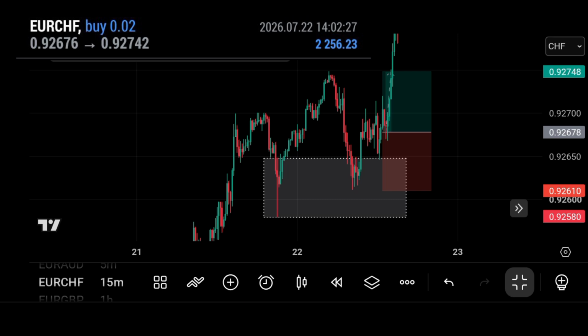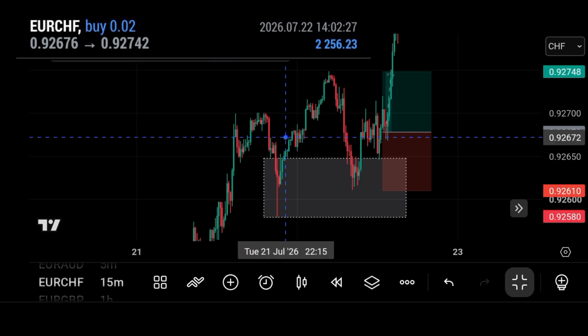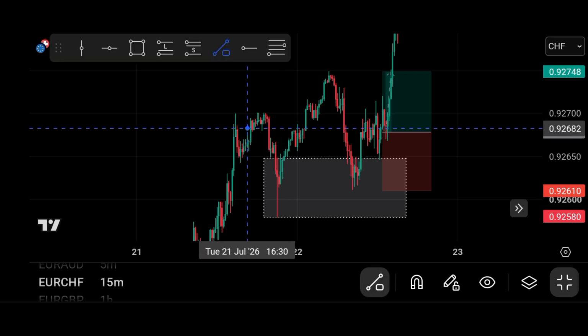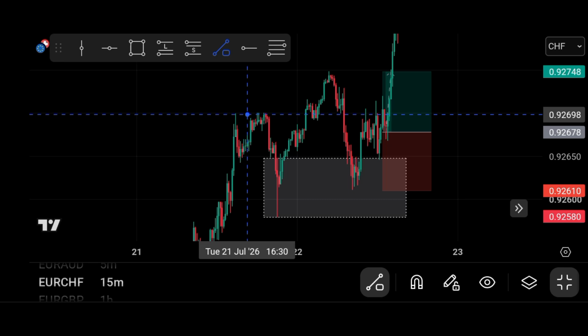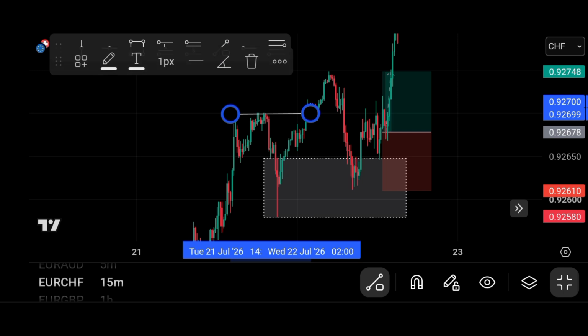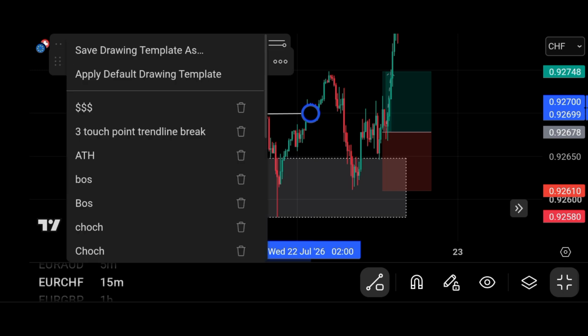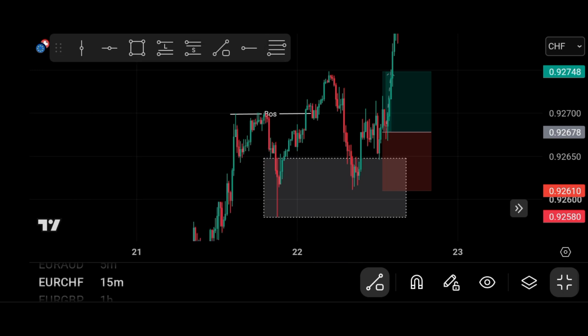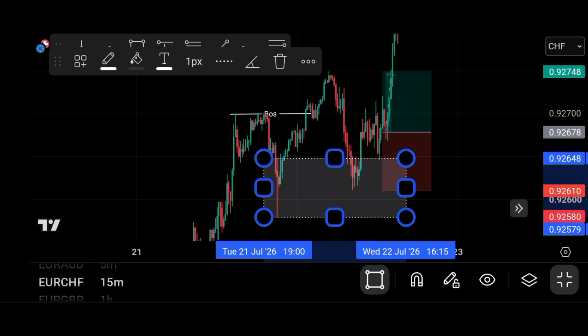From this chart, we can see this is also a pretty straightforward trade. This happened on the 15 minutes time frame. First you draw your breakout structure, in this case a breakout structure to the upside, and then you map out your demand zone, which is this.